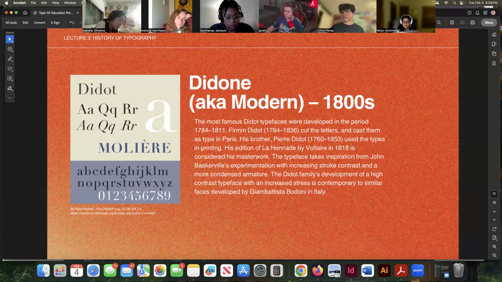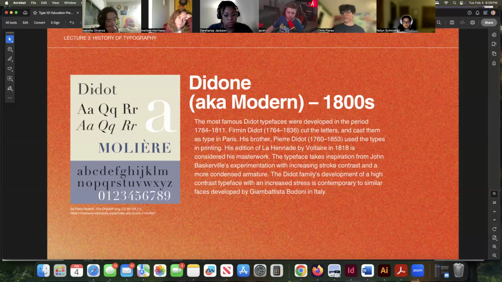The typeface takes inspiration from John Baskerville's experimentation with increasing stroke contrast and the more condensed armature. The Didot family's development of high contrast typefaces with an increasing stress was contemporary to similar typefaces developed by Giambattista Bodoni, and I just say Bodoni, in Italy, and we're going to look at Bodoni.